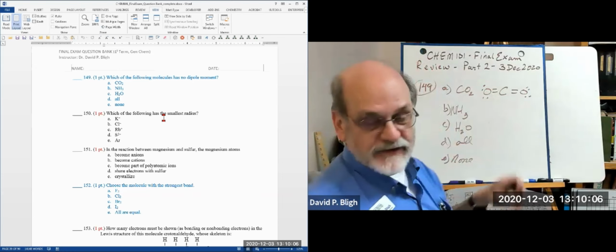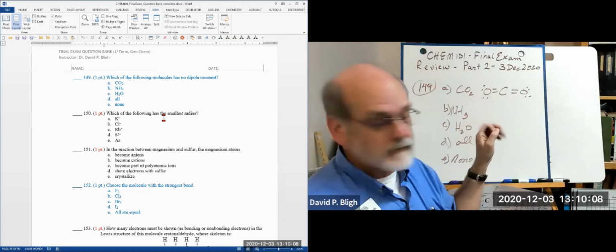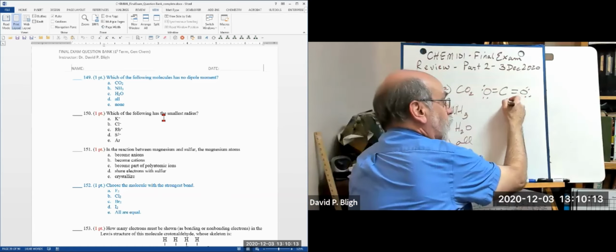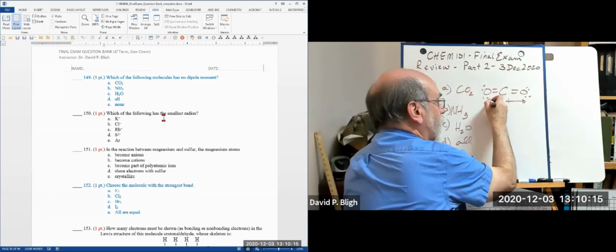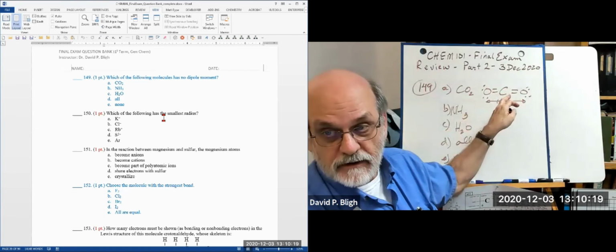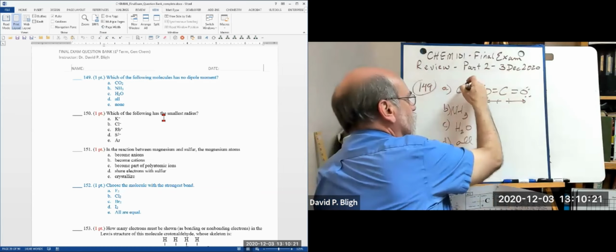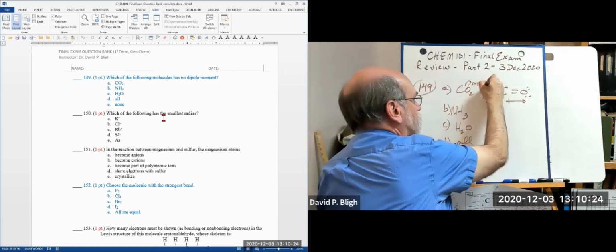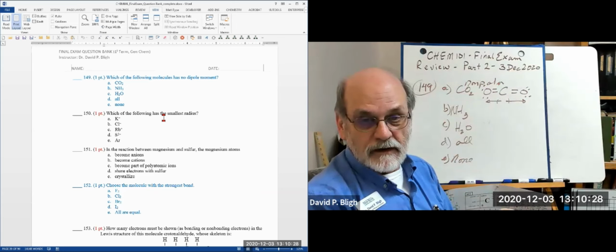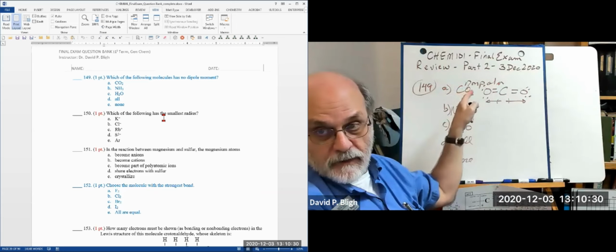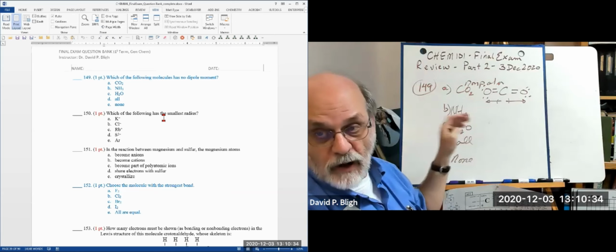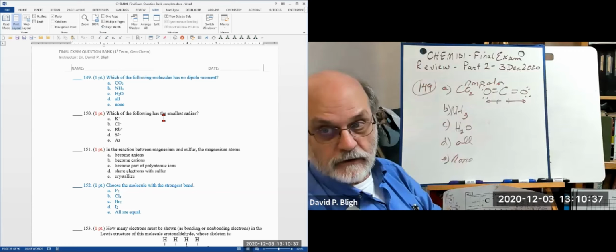Okay, that's the Lewis dot structure for carbon dioxide. It's linear. Now you do have a dipole this way and a dipole that way. They're equal and opposite. So this molecule is nonpolar. So that one satisfies. If these two are polar, then A is your answer.